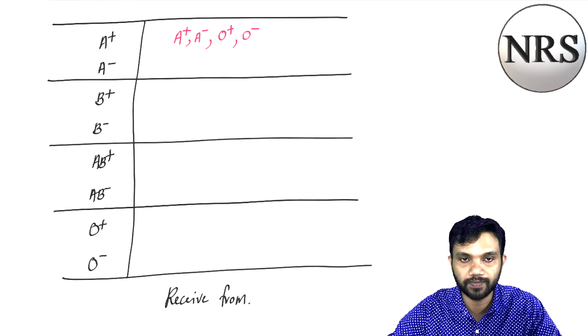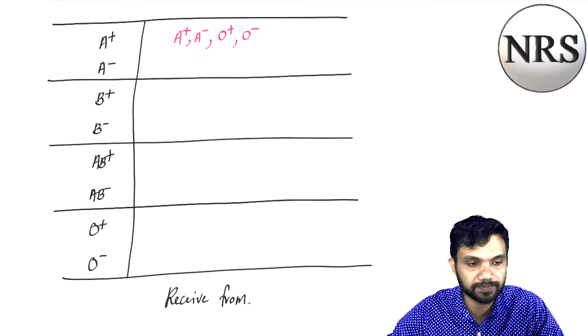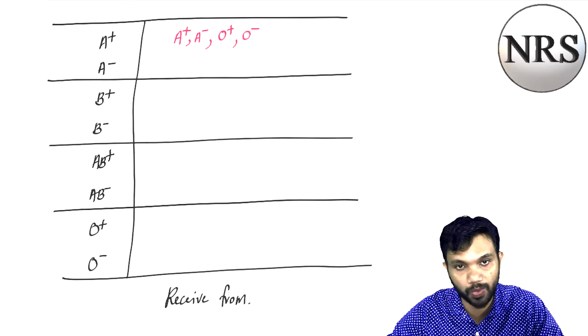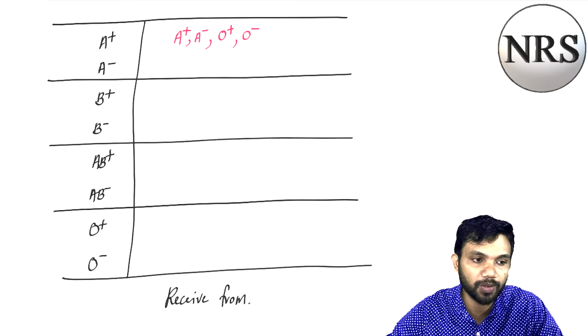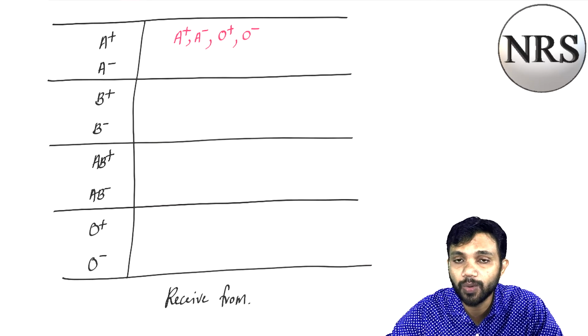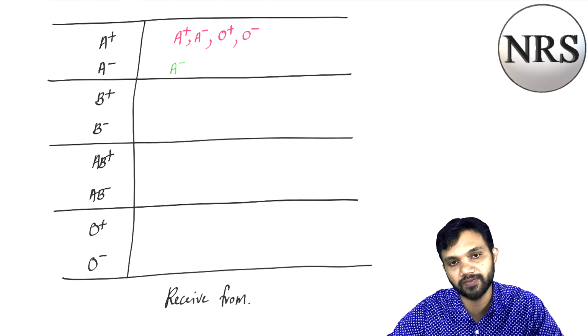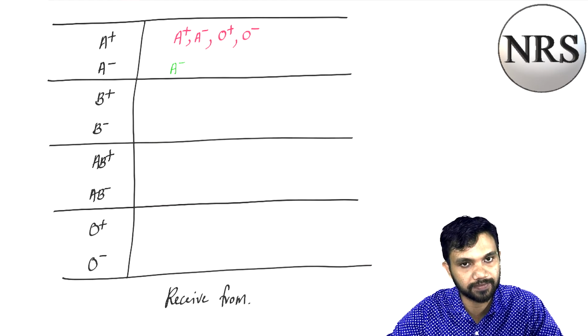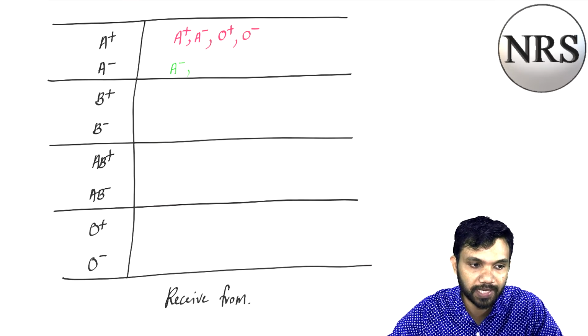A negative. Can they receive from positive? No, definitely not. Because they don't know what the RH antigen is, right? So A negative can receive from A negative, but they cannot receive from A positive. Let's work out the next column.